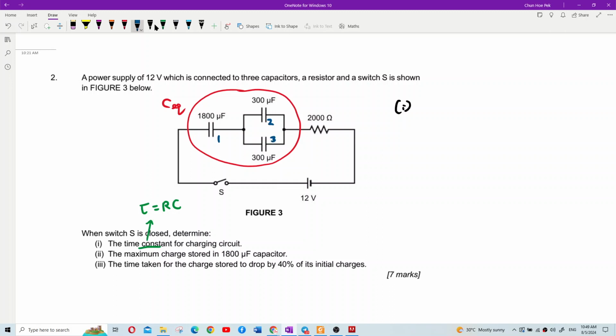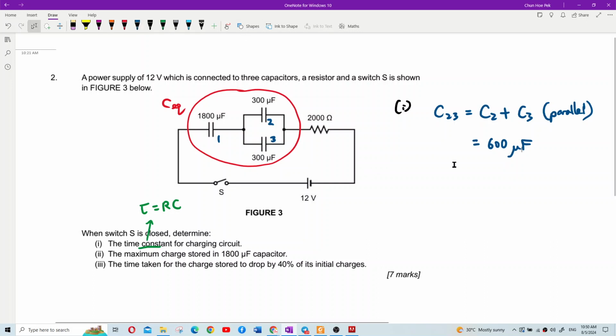So C23 equals C2 plus C3. We total up because they are parallel. So this total, you get 600 microfarad.